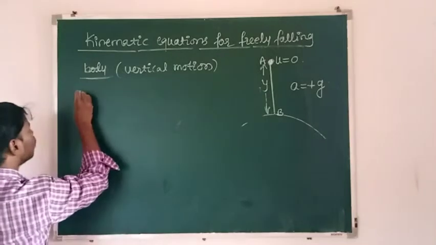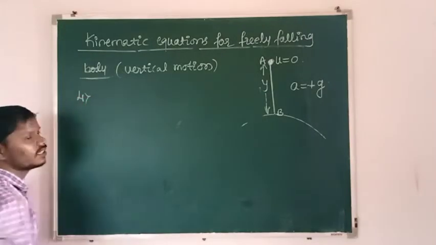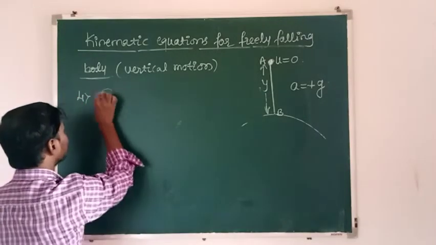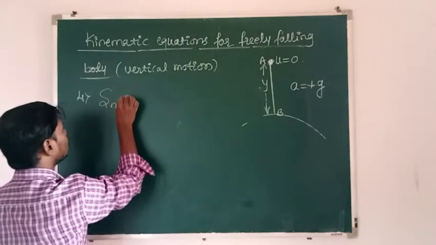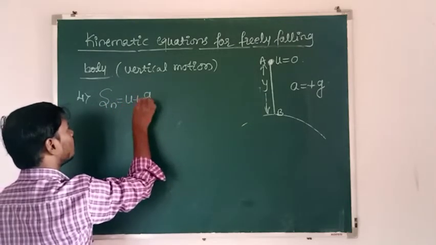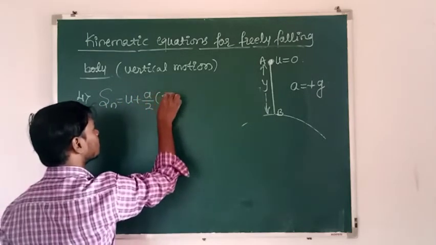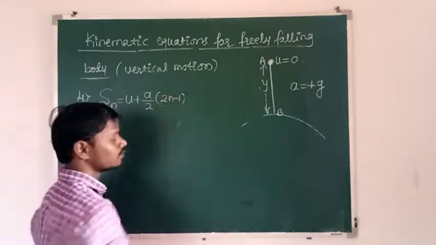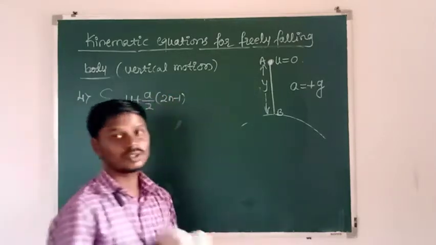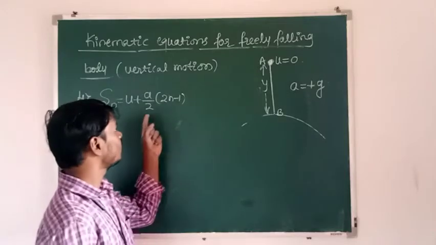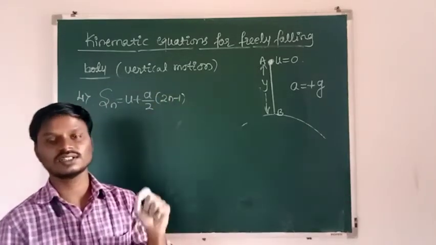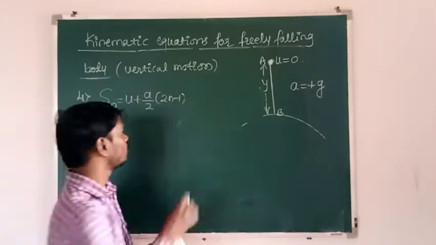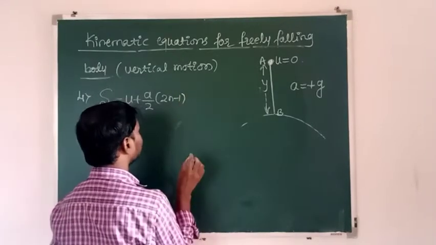Distance traveled in nth second, that is Sn is equal to u plus a by 2 into 2n minus 1. Okay, so what about the distance traveled in nth second in case of vertically downward motion or in case of free fall?